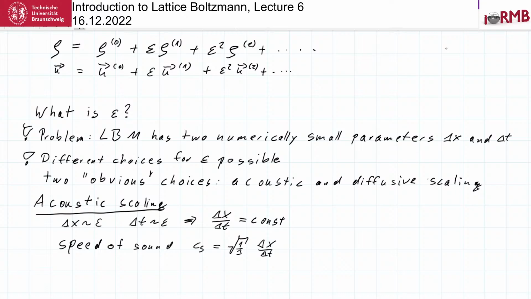We could also use something else, but anyway, this is constant. Yeah. So it does not physically change, which means that the speed of sound is invariant under scaling.